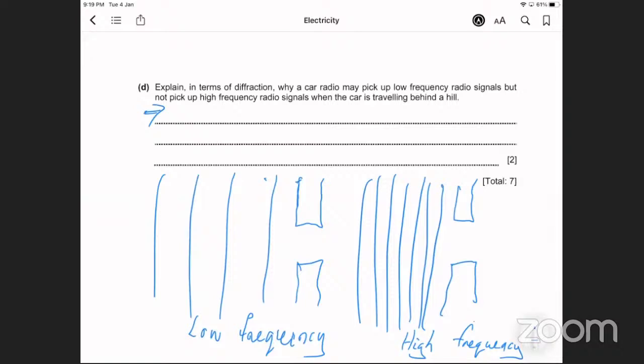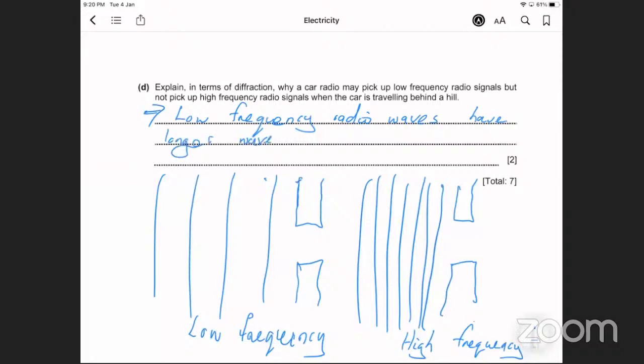Right. Does that make sense, people? So the size of the gap is not changing. Your low frequency waves, or your radio signals, the low frequency radio waves have a longer wavelength.